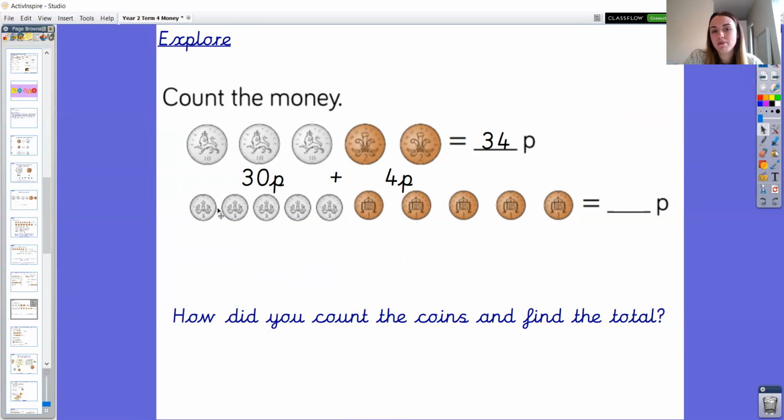Okay, so shall we count the money together this time? Are you ready? 5, 10, 15, 20, 25, 26, 27, 28, 29, 30. There is 30p. Well done. So what do you think the number sentence would be for this row of coins?